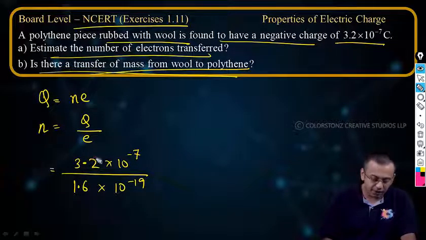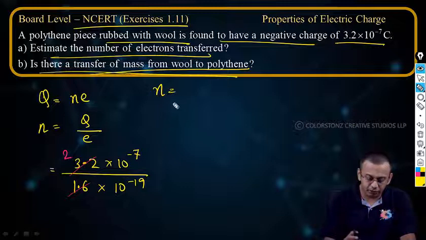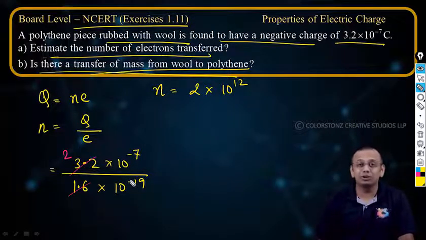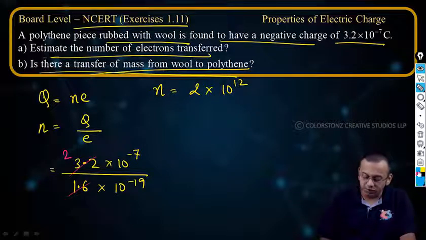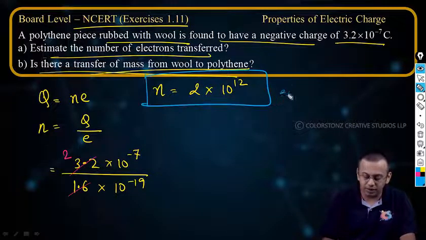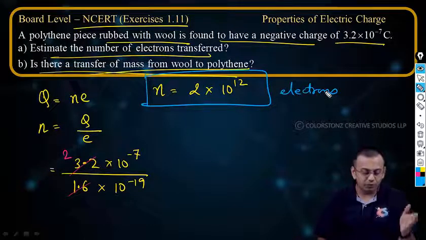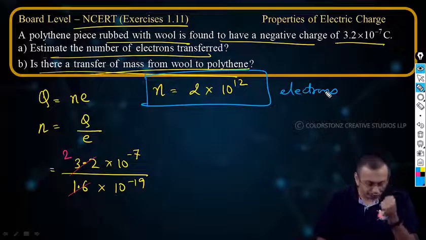We can cancel this 3.2 and 1.6. 2 will remain, and our answer therefore will become 2 into 10 to the power 12. This minus 19 will go to the numerator and become plus 19, 19 minus 7, 12. And this will be the number of electrons. These are the number of electrons transferred from the piece of polythene to the wool.